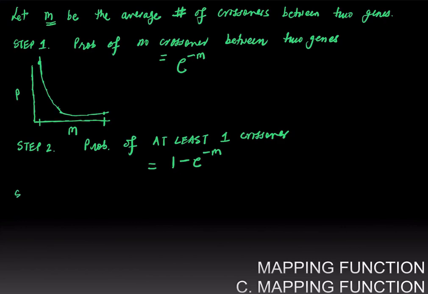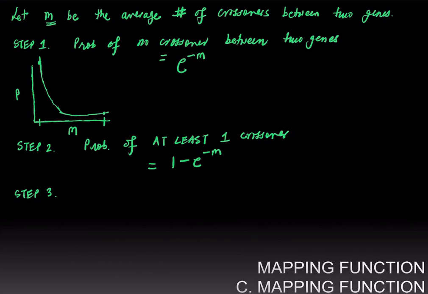And in step 3, we use this expression to determine what the recombinant frequency should be. So the probability of having at least 1 crossover tells us how many meioses have had a crossover.